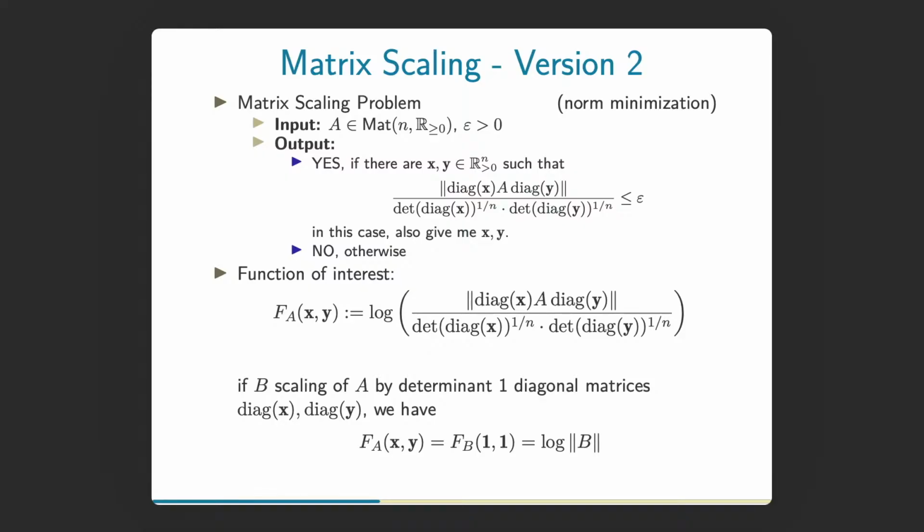If I scale by the identity, I'm not doing anything, which is just the log of the norm of B. That's why I'm calling this norm minimization: if I scale by things with determinant 1, I'm just getting the log of the norm, and I just want to minimize the log of the norm.